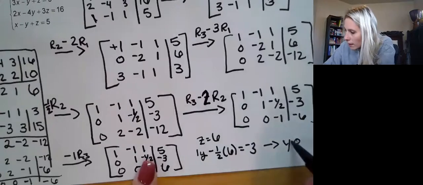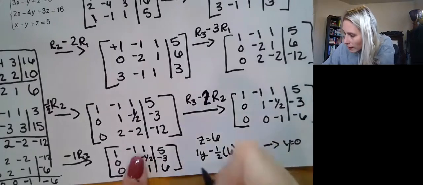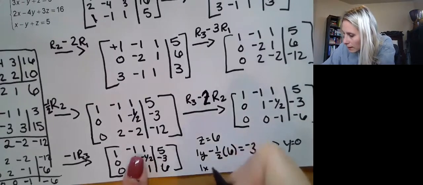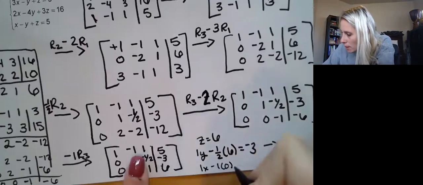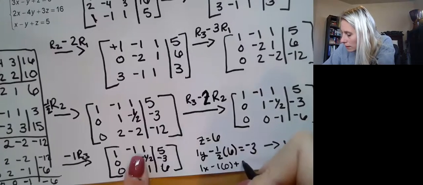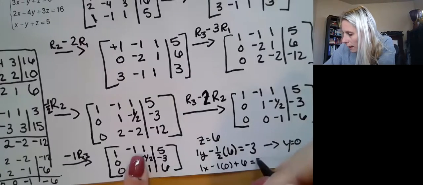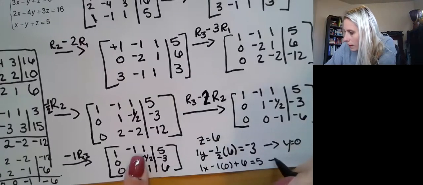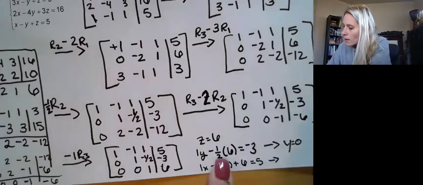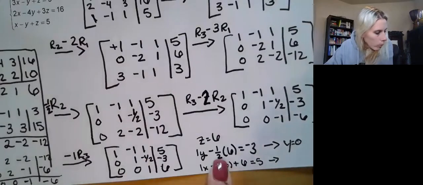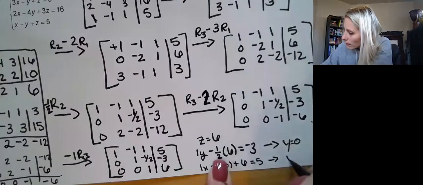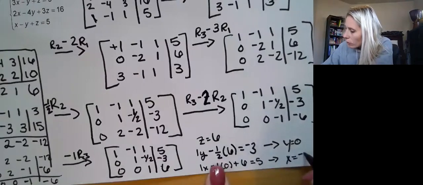Now I can plug both of those back in here, so I get 1x minus 1 times 0 plus 6, or 1 times 6, equals 5. And when we solve for this, let's see, -1, x equals -1.